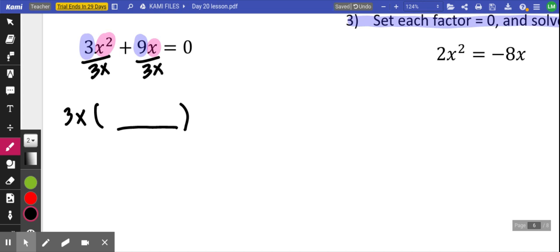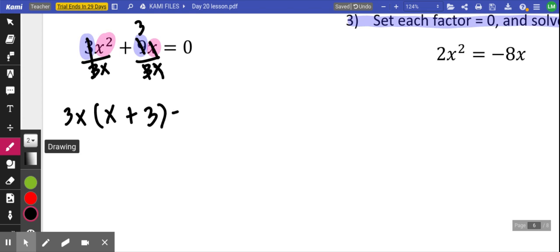All right, I'm pulling out that 3x from 3x squared. So I'm basically dividing. 3 divided by 3 is 1. X squared divided by x is just x. All right. Now, 9x divided by 3x, 9 divided by 3 is just 3. X divided by x is nothing, so I have plus 3 equals 0.